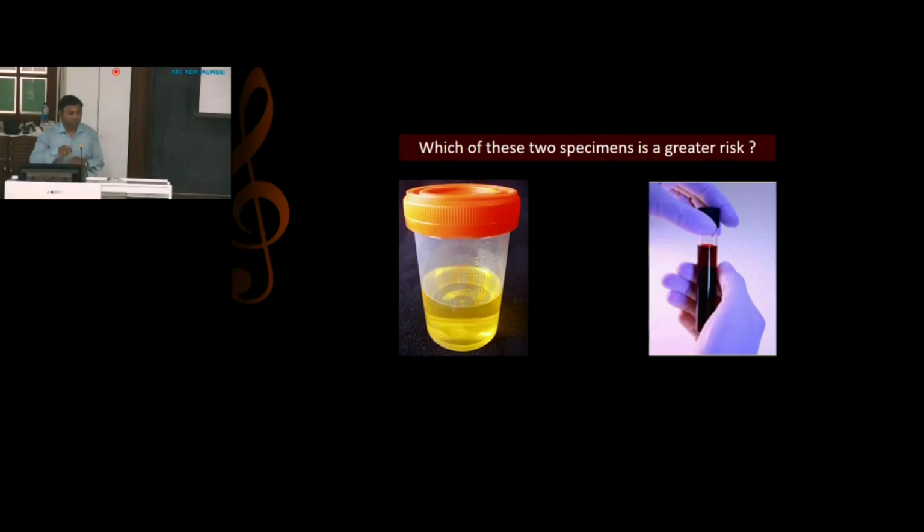But with urine, as soon as you open the container, there is a chance that organisms might come out. So higher risk. In theory, yes, blood is more risky, but it also depends on the procedure you are going to do or what you are going to do with that particular specimen.